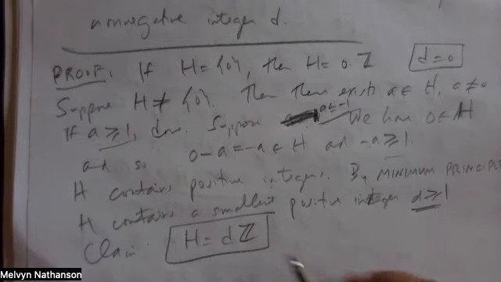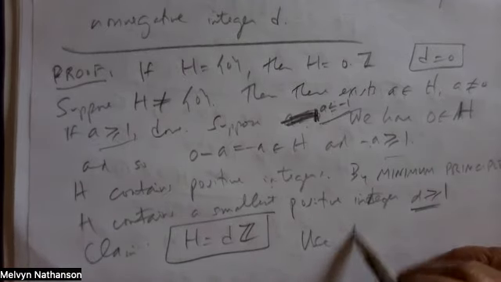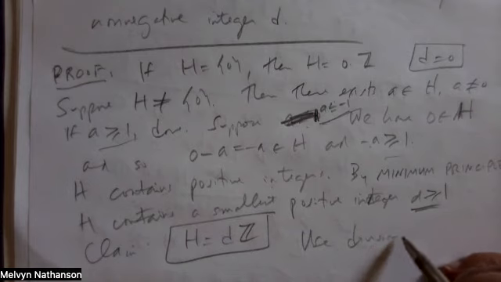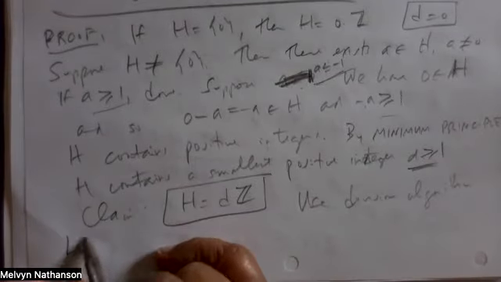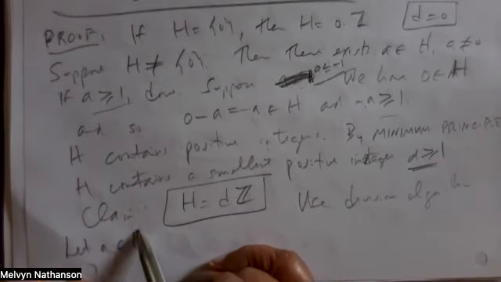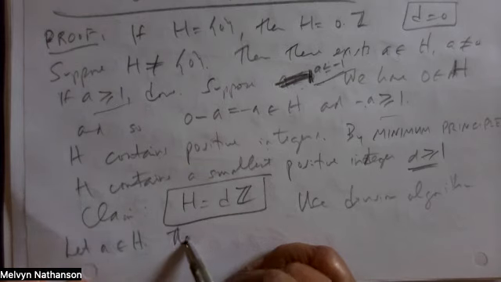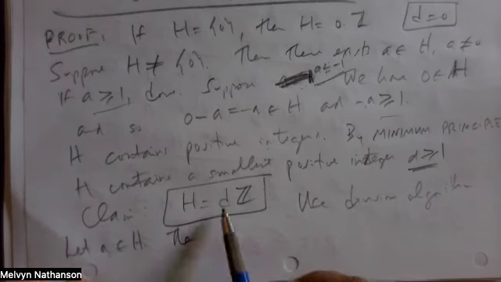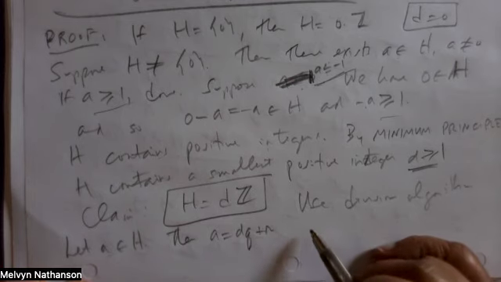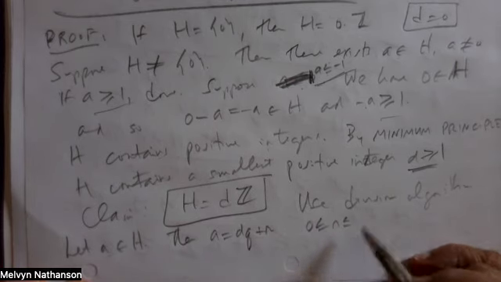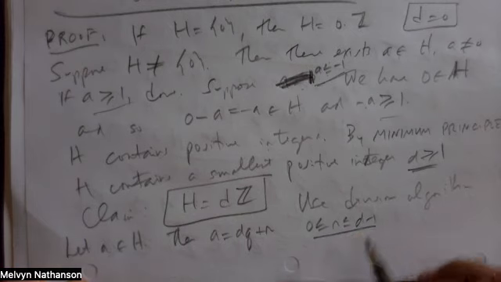And to prove this, we use the division algorithm. So let A be any element in H. If we divide A by D, we get A is DQ plus R, where this remainder is between 0 and D minus 1.